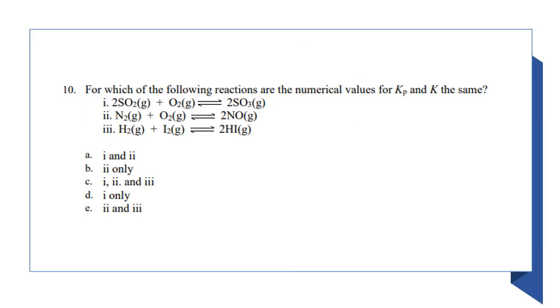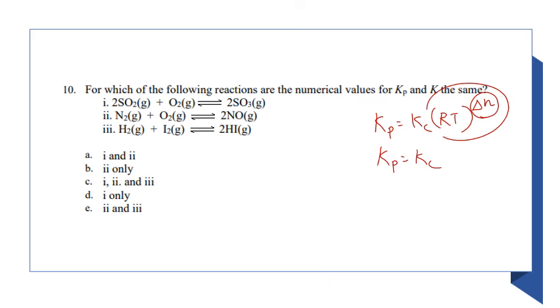Okay, for the next question, for which of the following reactions are the numerical values for Kp and Kc the same? So Kp equals Kc(RT) to the power of the change in number of moles of gas particles. If this delta n equals 0, we can say that Kp equals Kc because the whole term will turn to 1. So let us see.